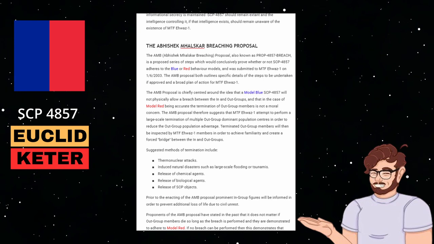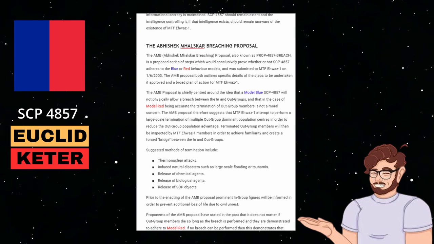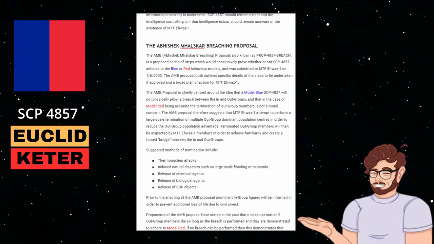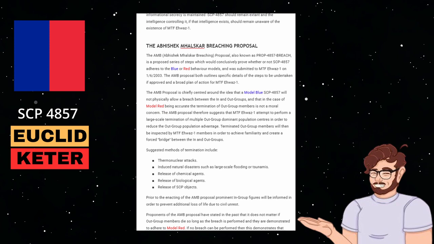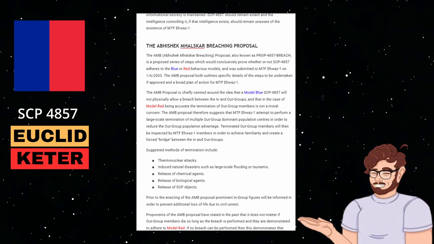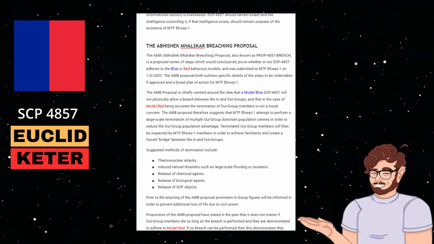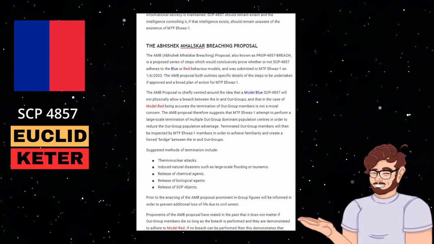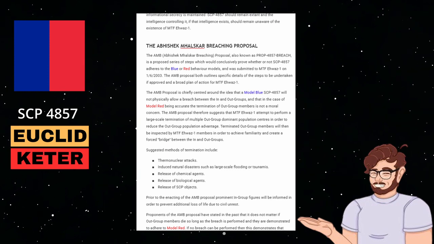The AMB, or the Ambishek-Malska breaching proposal, also known as Prop 4857 breach, is a proposed series of steps which would conclusively prove whether or not 4857 adheres to the blue or red behavioral models, and was submitted to the MTF-1 on the 1st of the 6th, 2003.